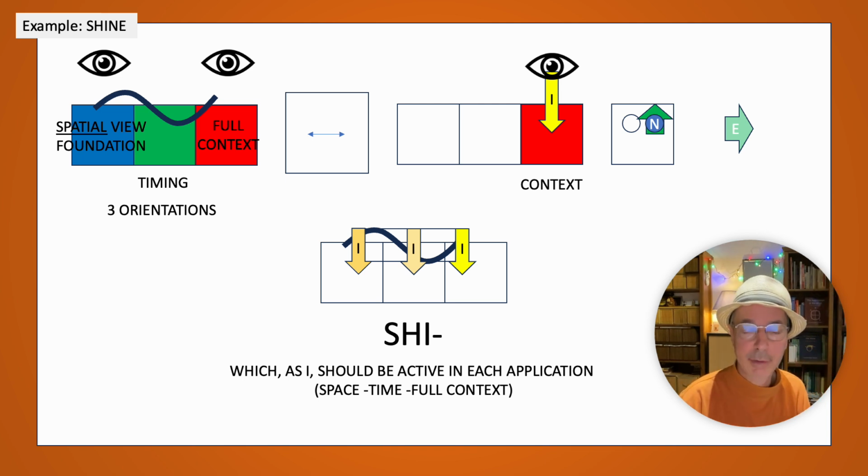There are three positions always in our vision of how we see the world in letters and how we give an order to letters when we combine them with space and time. And we have a first category of spatial views, a second category of timings, and the next one is where you will see and have the full context appeared.